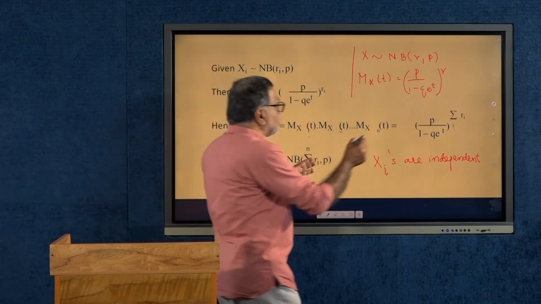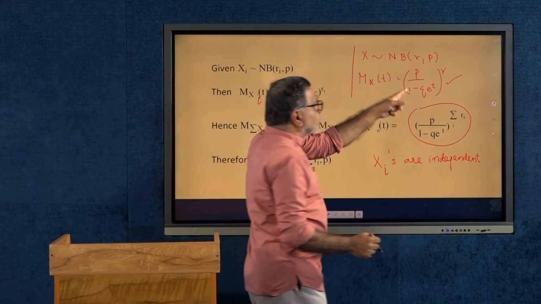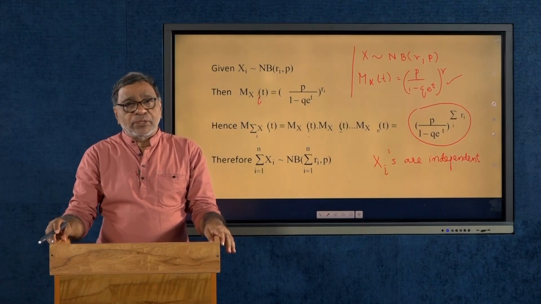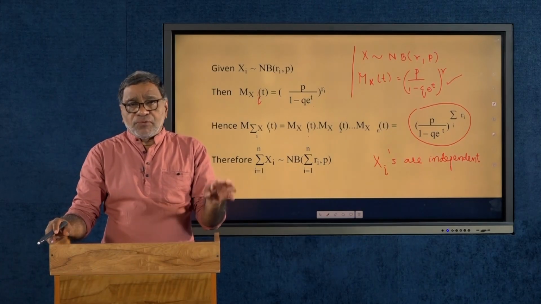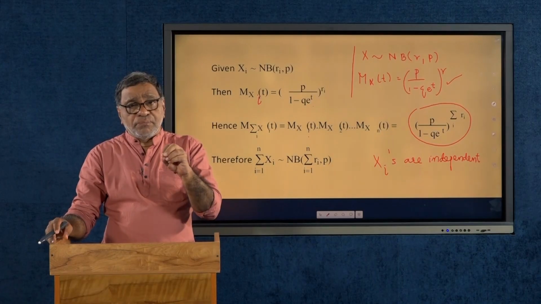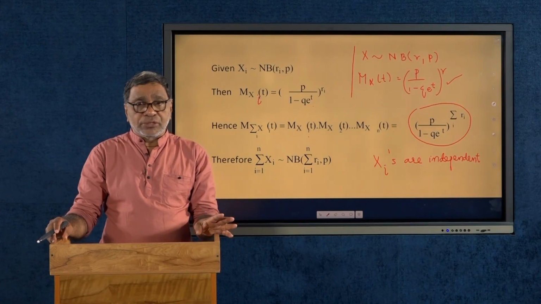This expression is similar to the moment generating function of a negative binomial random variable, and by the uniqueness property of the moment generating function, on the basis of the moment generating function we can identify the distribution.